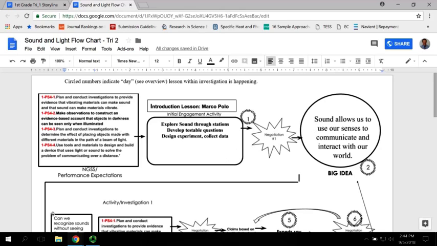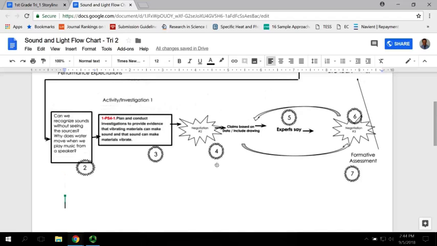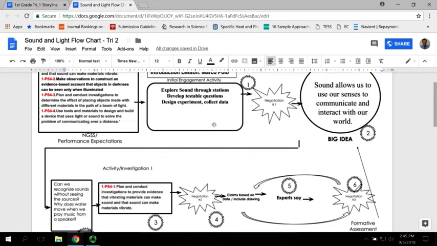So here's the bundle, and as you can see, the first investigation is all about sound, but only sound. You'll still follow the same format that we have in other unit plans, but for this one, they're going to have stations of materials, and they're going to explore those and create sounds, have a talk about what they saw, and then create this big idea.